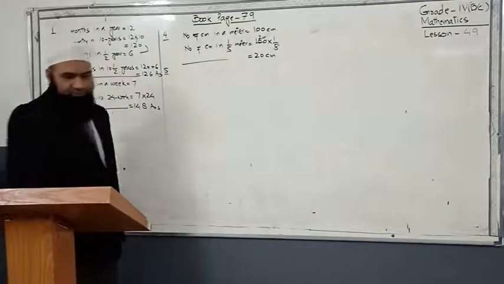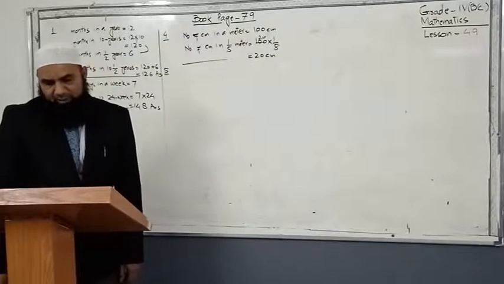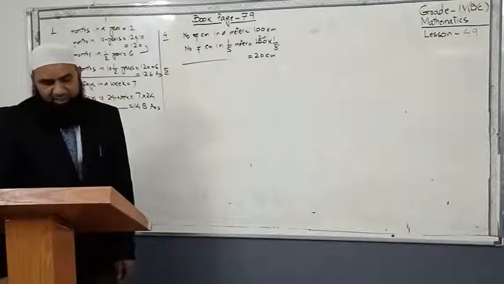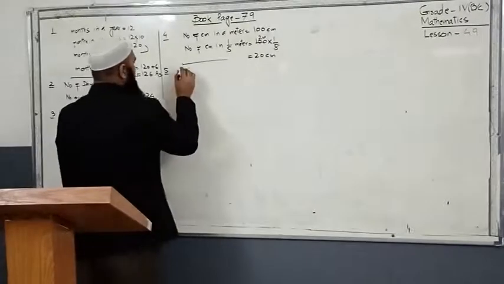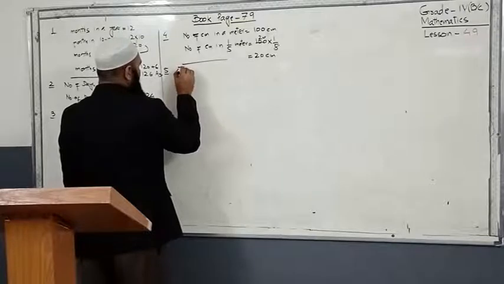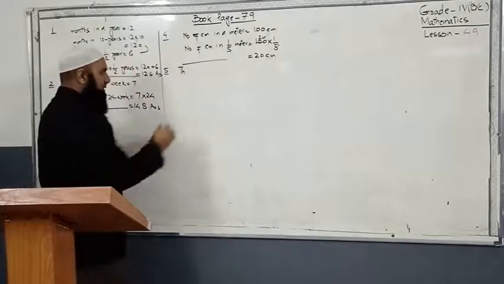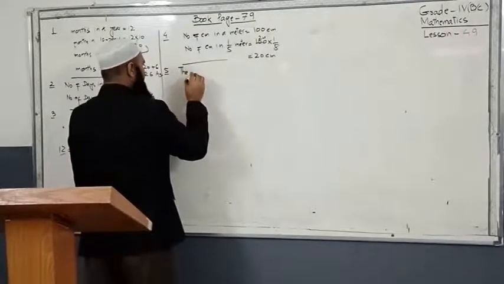Question number 5. The next prime number after 11. The next prime number after 11 is what? 12? No, 12 is a composite number. 13, yes.